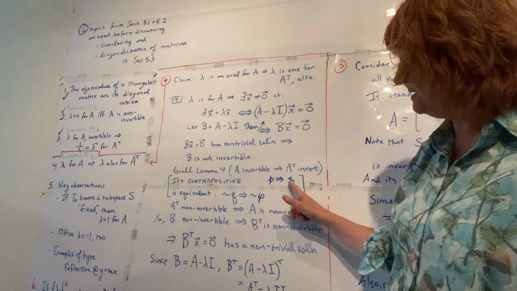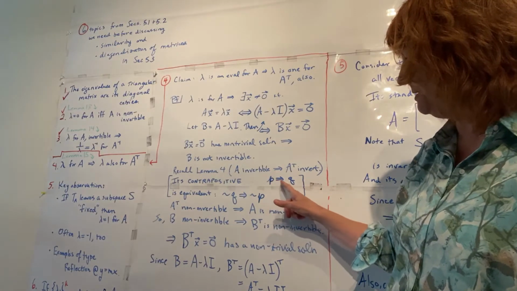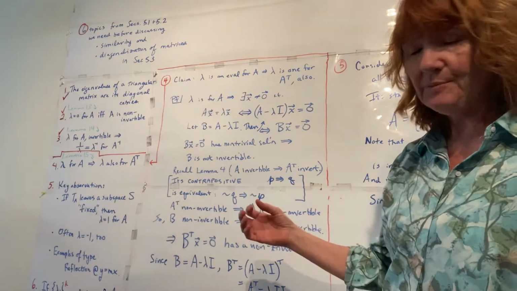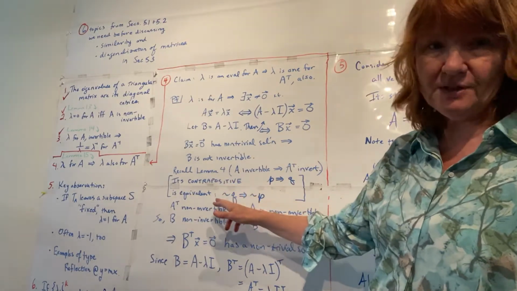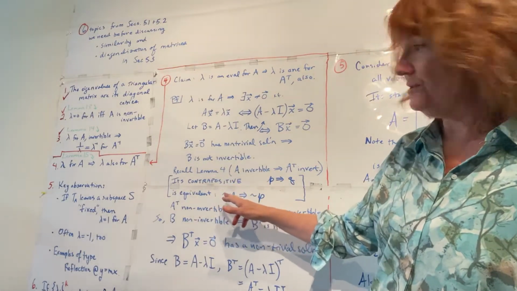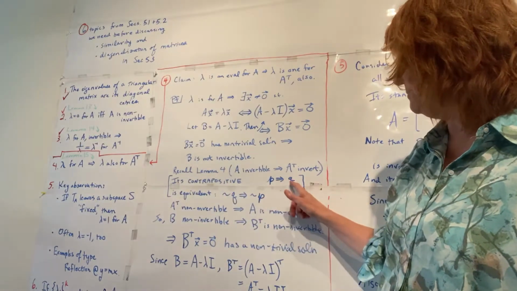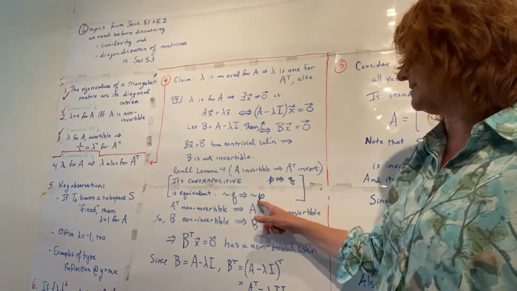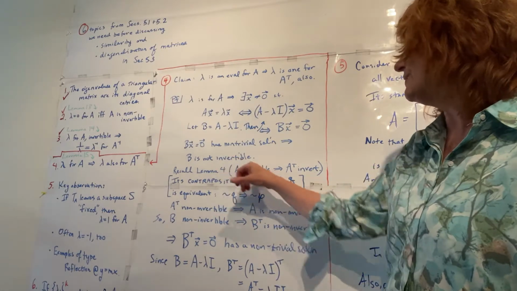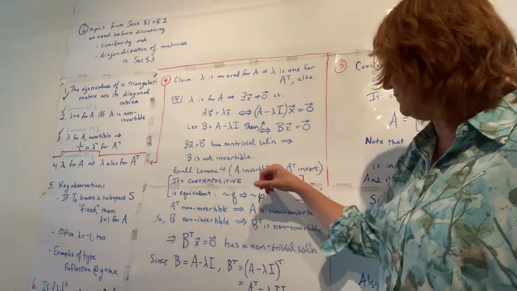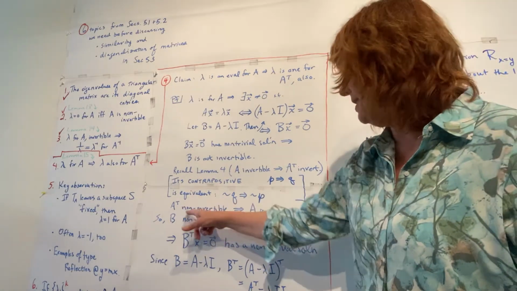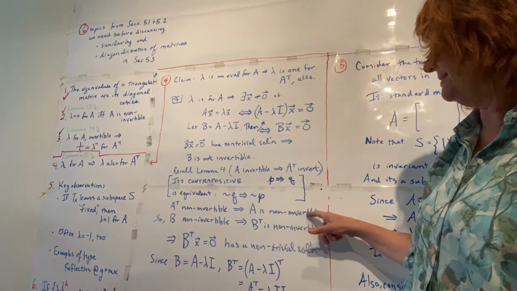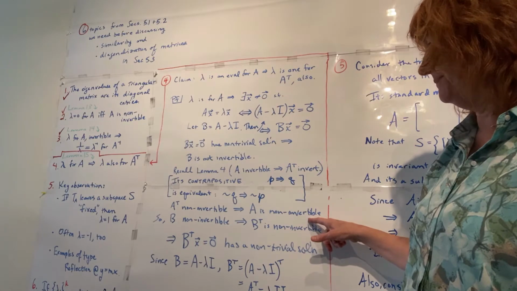Now, whenever P implies Q is a true implication, its contrapositive, which is logically equivalent to it, is also true. The contrapositive of P implies Q is not Q implies not P. So the contrapositive of lemma 4 is that A transpose non-invertible implies that A is non-invertible, right?